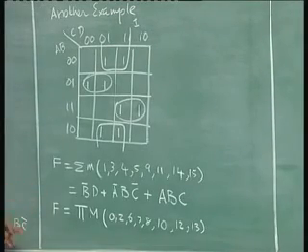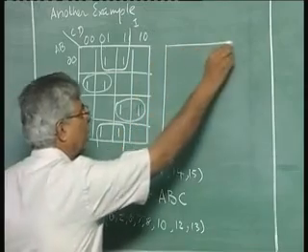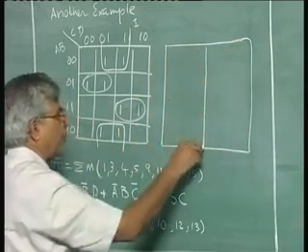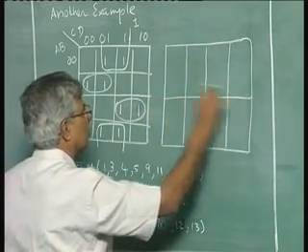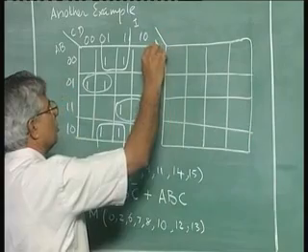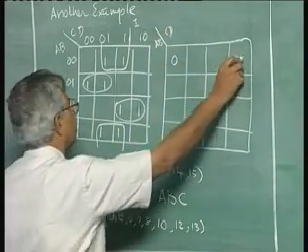So I will now put the zeros here. I will draw another map here, same map, but in order to avoid cluttering of the map, I will redo it here. Zero, 0.